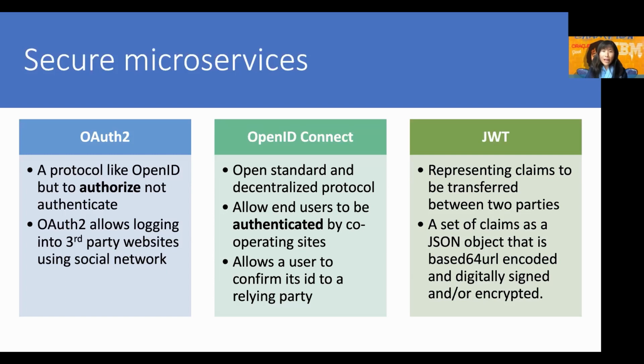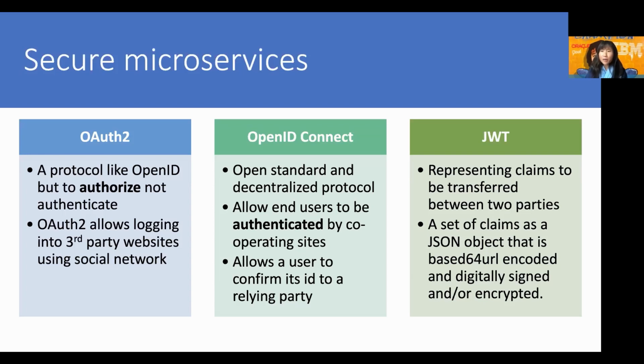So what is OpenID Connect? OpenID Connect is built on top of OAuth2, but is for authentication purposes. It allows a user to confirm their ID to a relying party. So what's the difference between authorization and authentication then? Authentication determines whether users are who they claim to be, while authorization determines what users can or cannot access. So what is JWT?